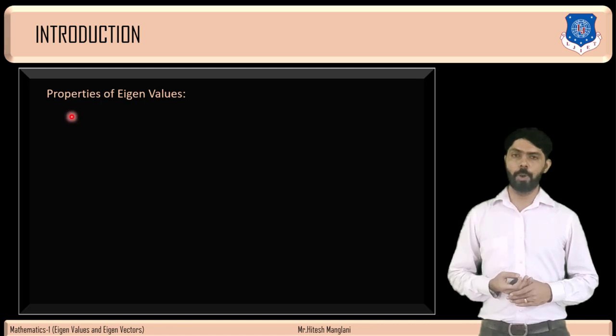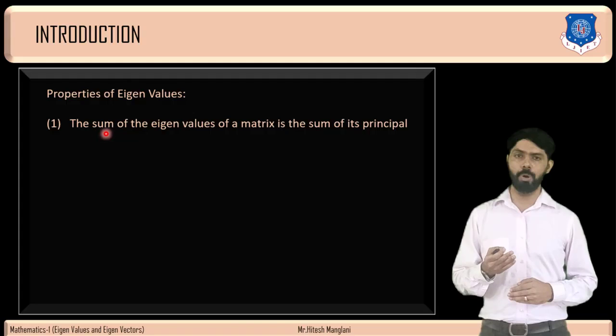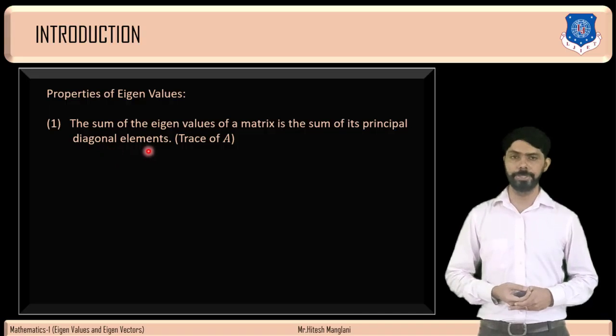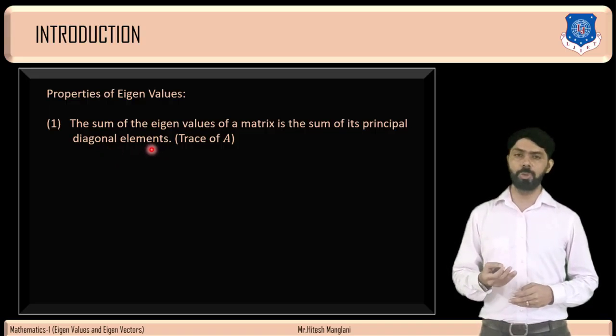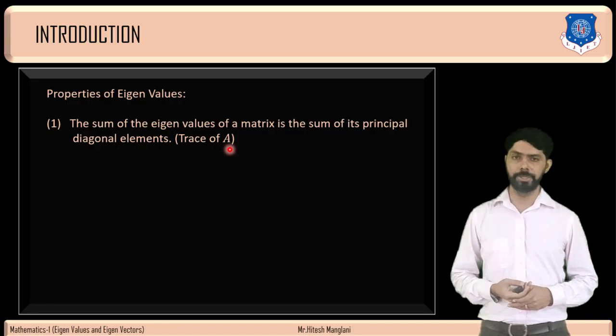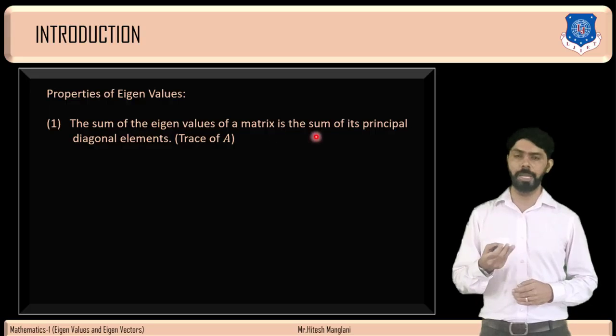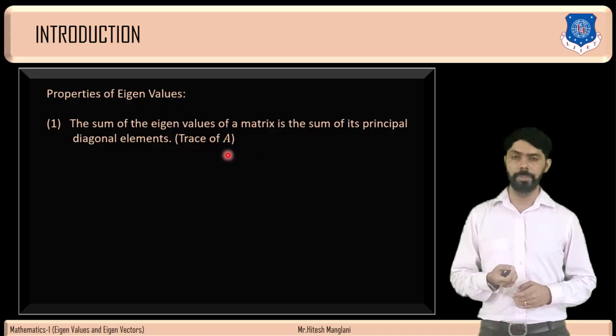Now we will discuss properties of eigenvalues. First property: the sum of eigenvalues of a matrix is the sum of its principal diagonal elements, which is also called the trace of the matrix.